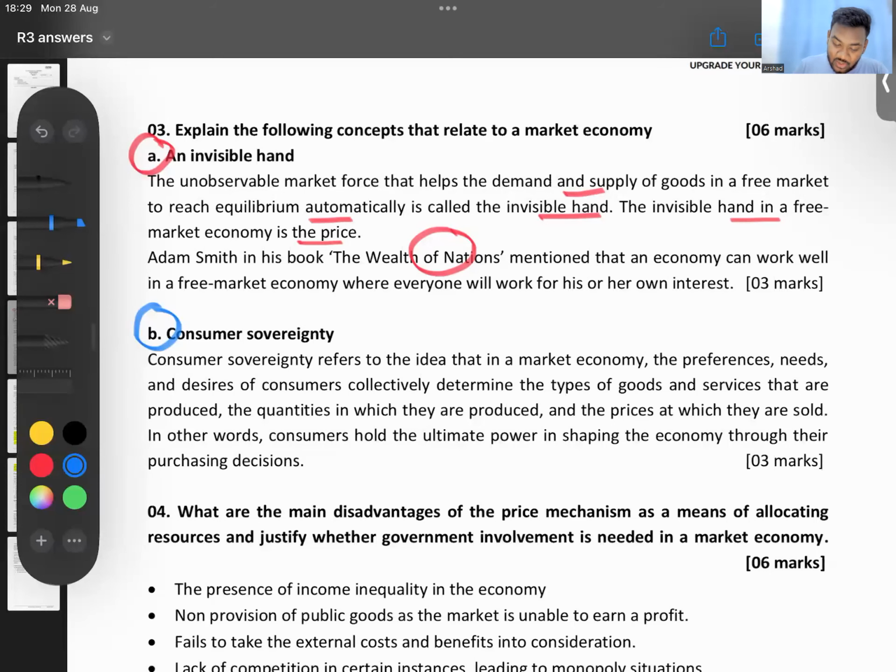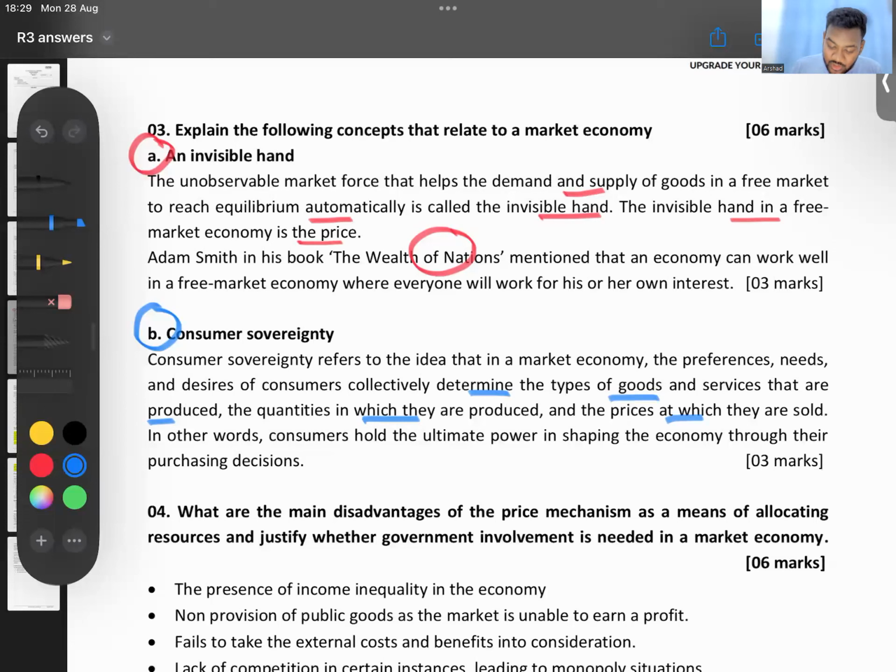Consumers collectively determine the types of goods and services that are produced, the quantities in which they are produced, and the prices at which they are sold. So the consumer has the power to do this, right? For example, if consumers are not demanding a good, they say, I don't want this, the price of it will go down. So it's the consumer who is even impacting the price. Got it?